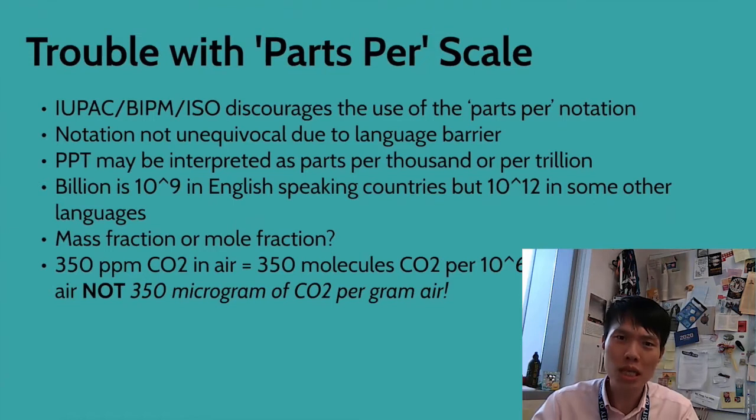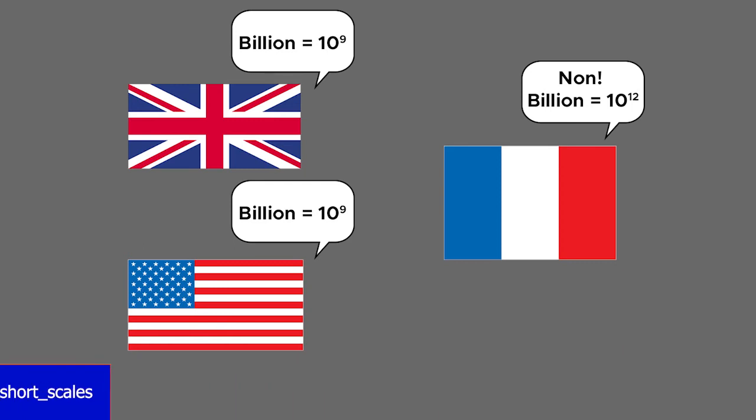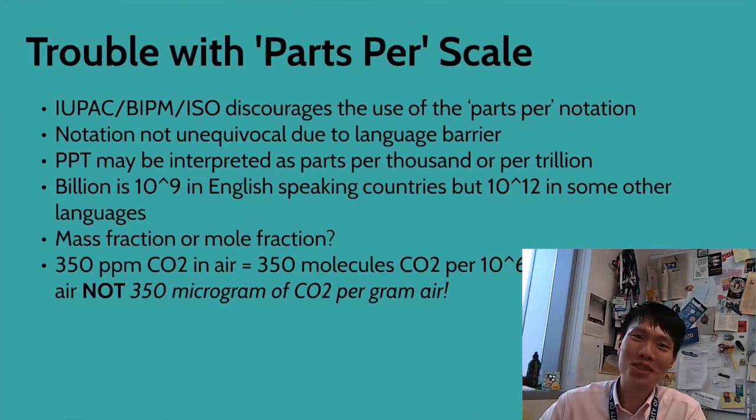A billion is 10 to the power 9 in English-speaking countries, but 10 to the power 12 in some other languages, like French. So it's a thousand-fold difference.